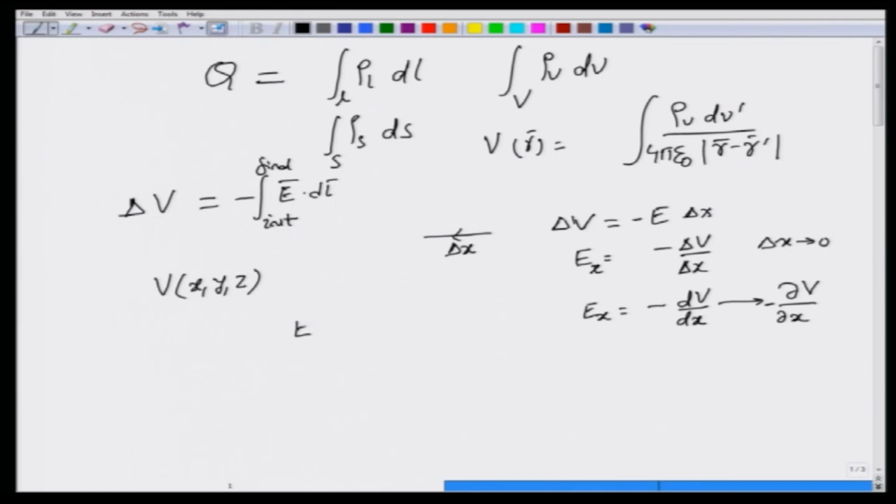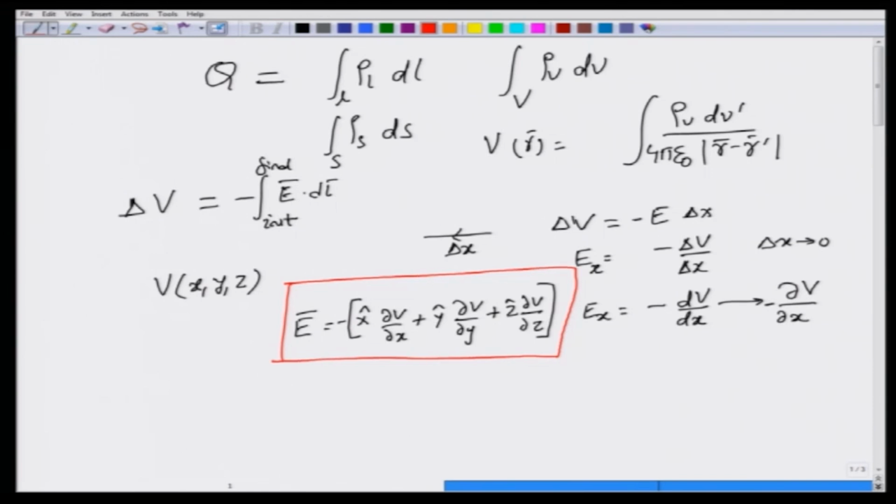The total electric field is then minus x hat del V by del x plus y hat del V by del y plus z hat del V by del z.